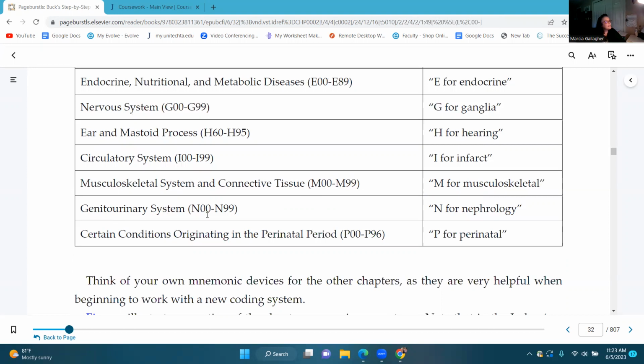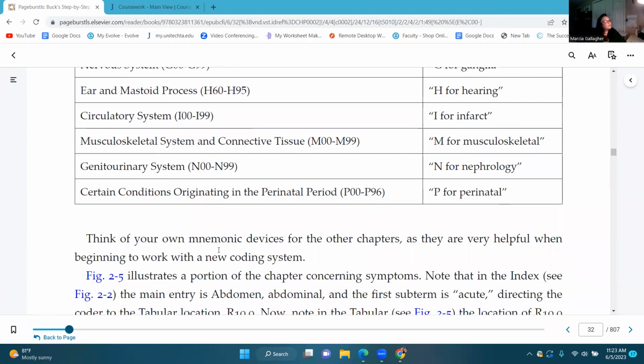Genitourinary system, N00 through N99. N is for nephrology. Certain conditions originating in the perinatal period, P00 through P96. P is for perinatal. Think of your own mnemonic devices for other chapters, as they are very helpful when beginning to work with the new coding system.